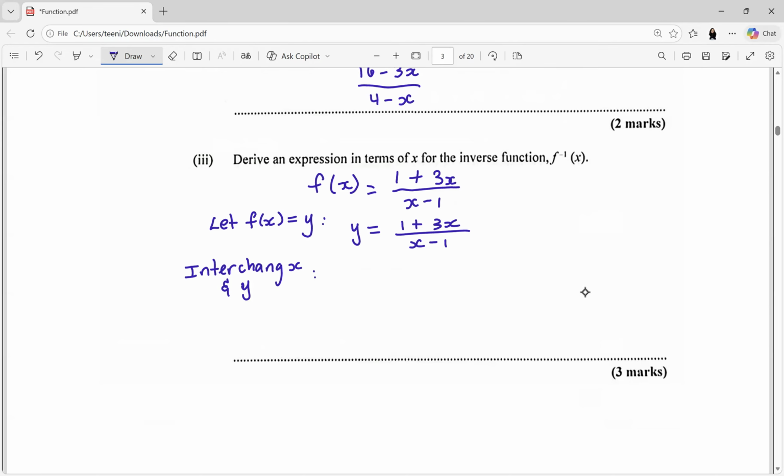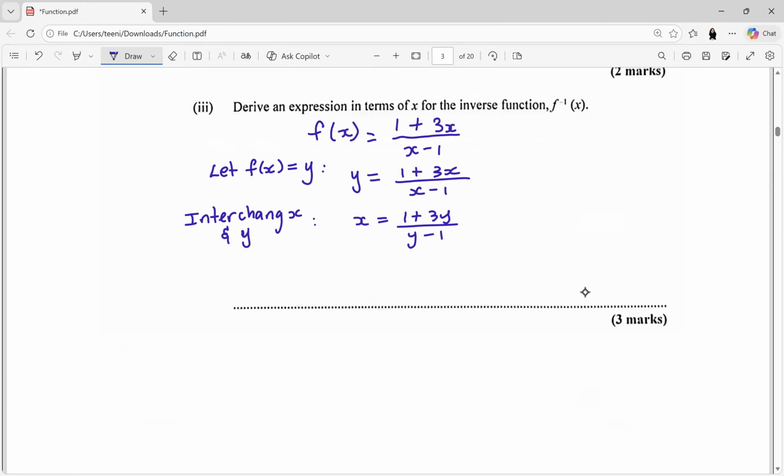So instead of y, here I would put x. And then on this side, it will be 1 plus 3y over y minus 1. And then you make y the subject. So first I will multiply both sides by y minus 1. So this side will be x times y minus 1 is equal to 1 plus 3y.